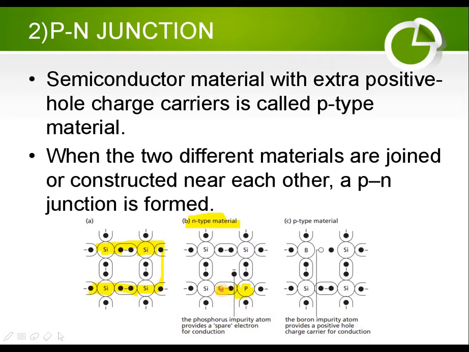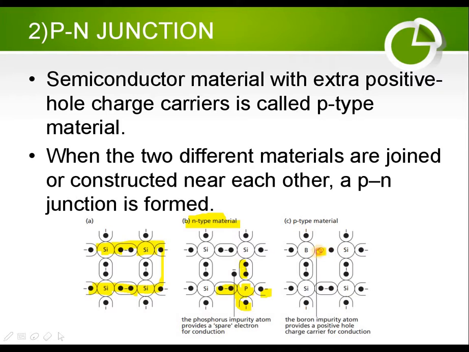The first is shared with the first silicon atom, the second is shared, the third is shared with the third silicon, and the fourth is shared with the fourth silicon, while the fifth electron is free. Why is it not shared with a fifth silicon? Because the pattern is that 4 electrons are shared with each silicon, so there is no fifth one. The fifth is always free. So this is an n-type.